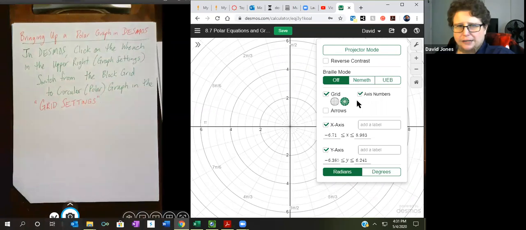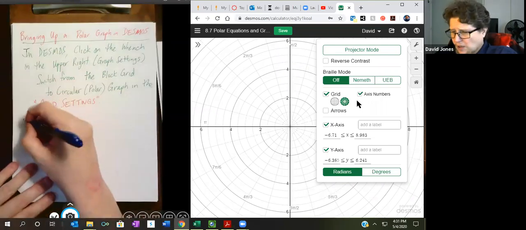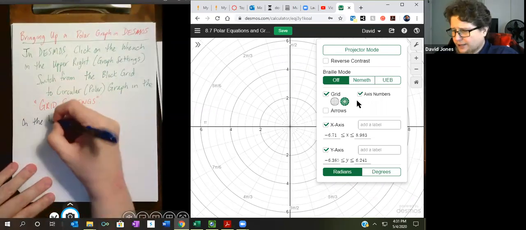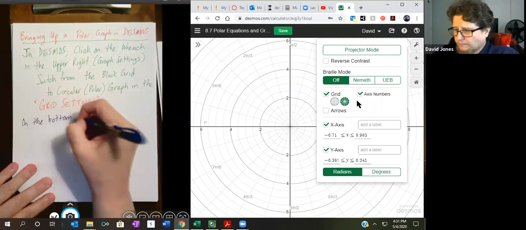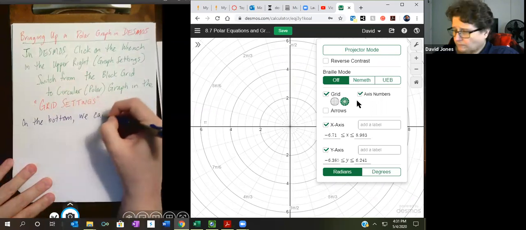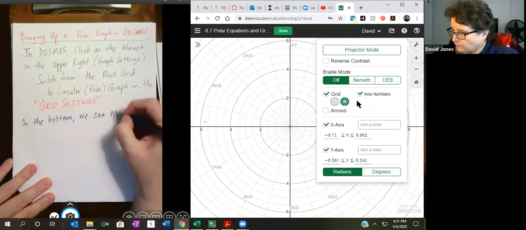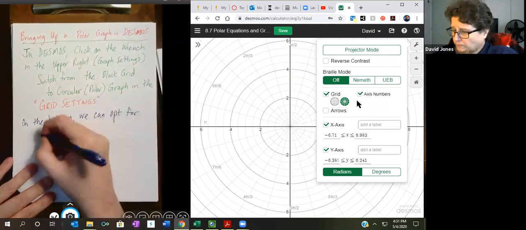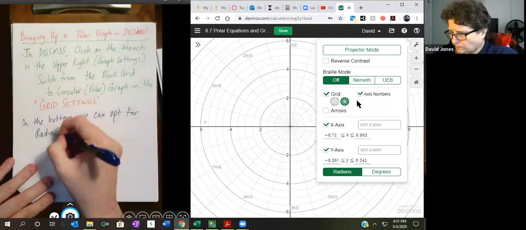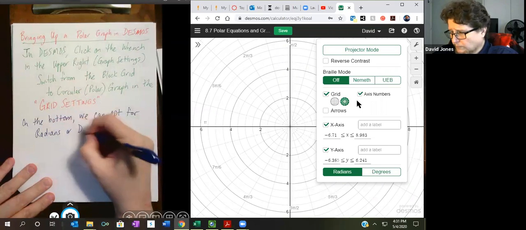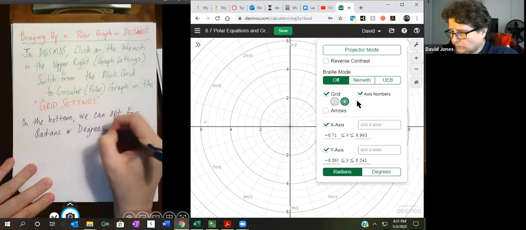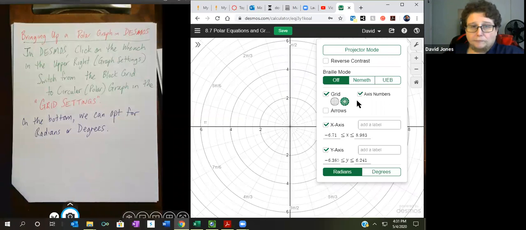It's in the grid section; it doesn't say the names of them. And as a reminder, on the bottom, we can opt for radians or degrees. I'll let you pause that for a second.